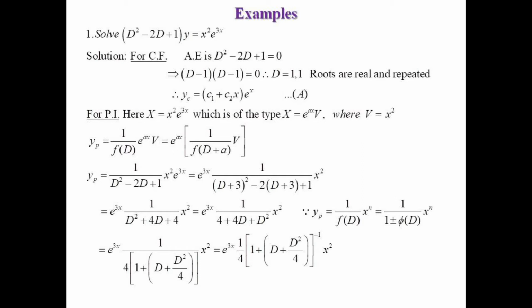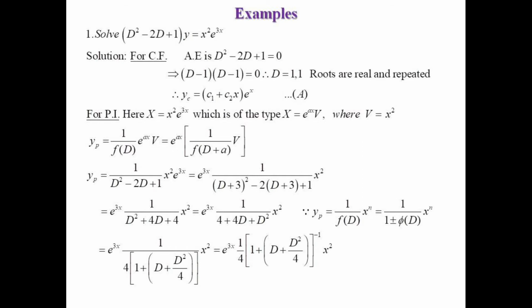Writing this term in the numerator, we get e^(3x)/4 [1 + D + D^2/4]^(-1) x^2.